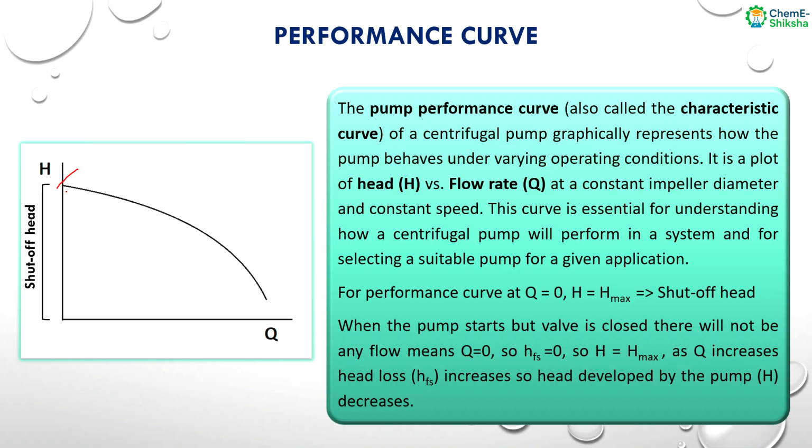That's why you can see here that as Q is increasing in this direction, the head is decreasing. This is the performance curve drawn between head developed by the pump and the flow rate, so we get, for different flow rates, the head developed by the centrifugal pump.